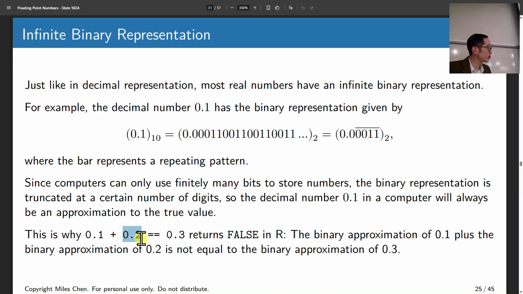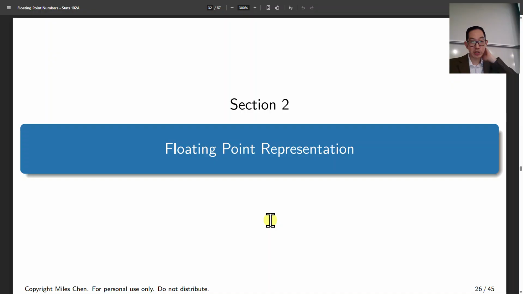When you try to represent 0.2, 2/10, in binary, you get another approximation. And when you add those two together, you get another approximation. And that approximation is different from the approximation of 0.3. And that's why 0.1 plus 0.2 doesn't equal 0.3 in the computer, in R. That's what's going on.